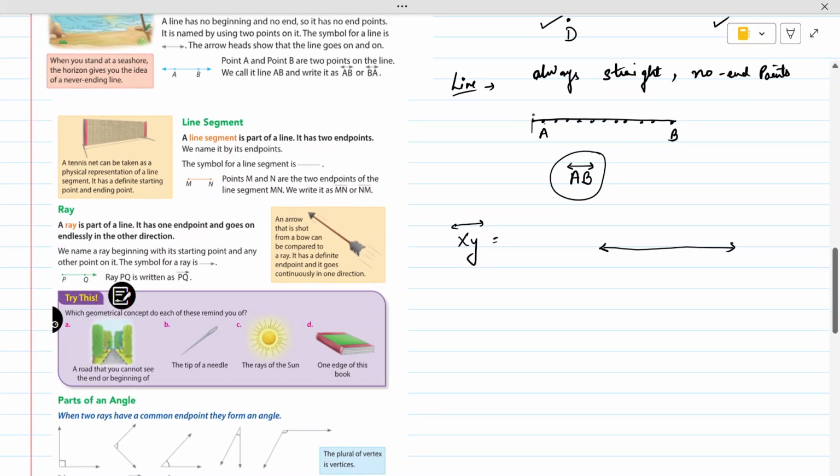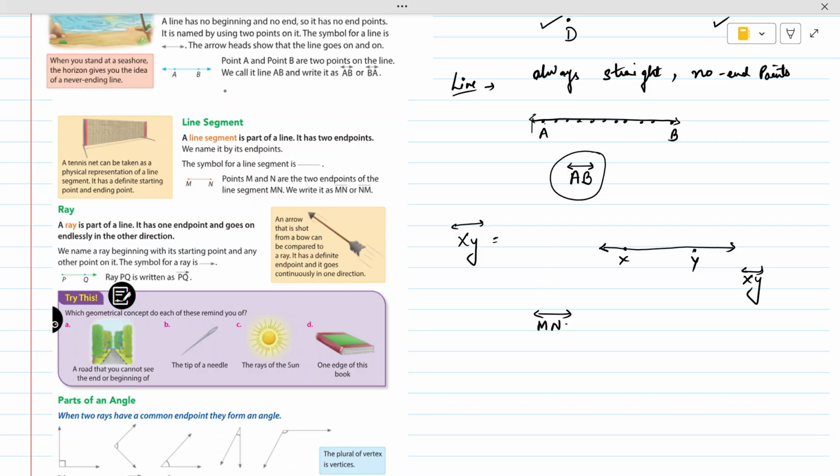I'm marking the arrows here, and you can take any 2 points and mark them as X and Y. Now this XY is a line. Similarly, we have MN, which is represented as a line. It goes like this, which means it is extending in both the directions.